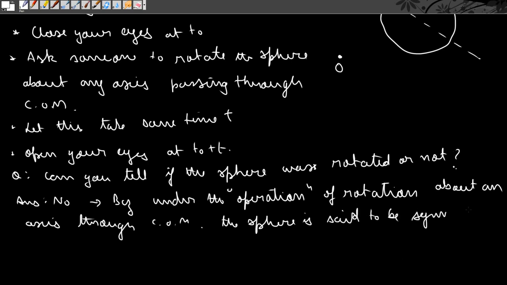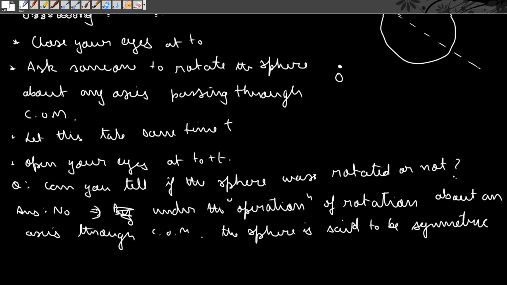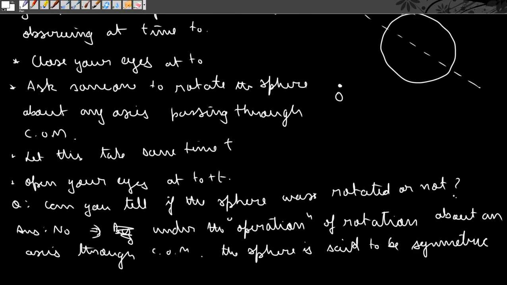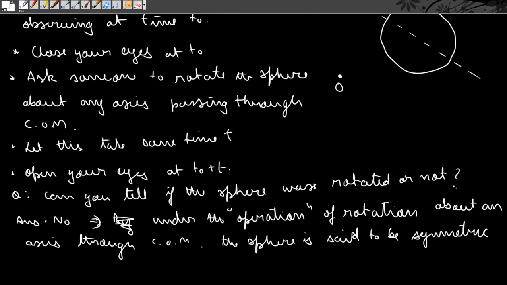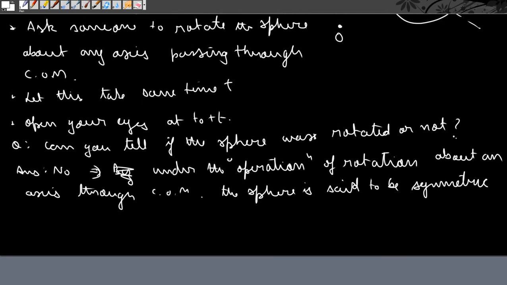Okay, so I shouldn't say because, this implies. Since we cannot observe any change in the sphere when we rotate it about an axis passing through the center of mass, we say that this operation of rotation has not affected the sphere in any manner, and we say that the sphere is symmetric under this operation.